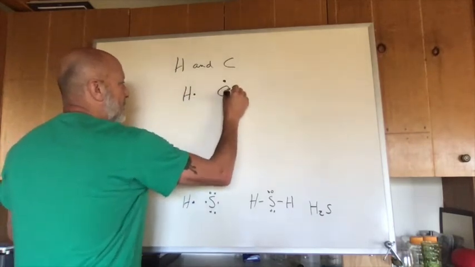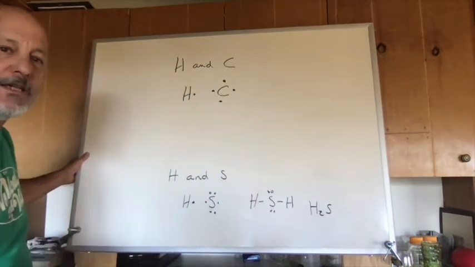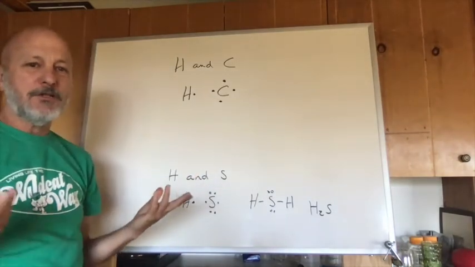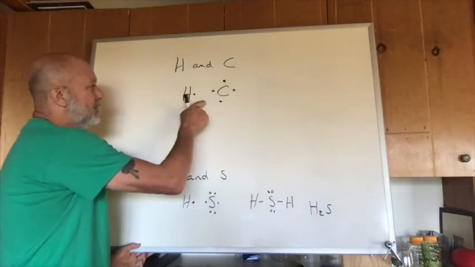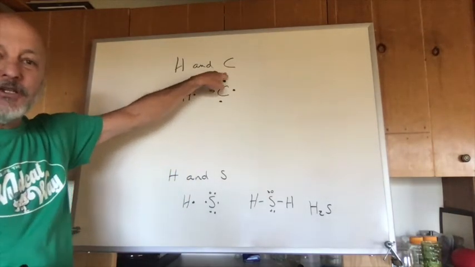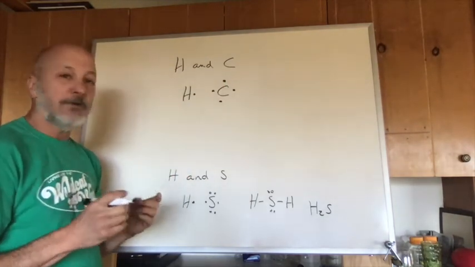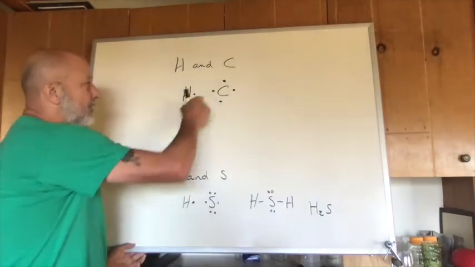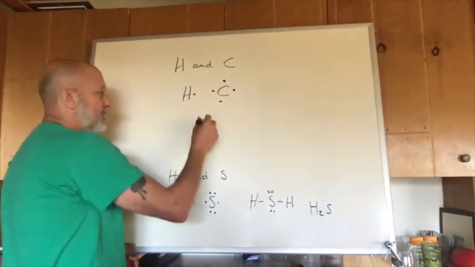What's so special about carbon is it's a small atom, and because of those 4 valence electrons, it has an ability to combine and form complex molecules like nobody else has, right? There are so many different ways that hydrogen and carbon can interact that this type of compound is called a hydrocarbon. But of course the simplest way, this carbon only has 4, it needs 8. What can it do? Hydrogen comes in.